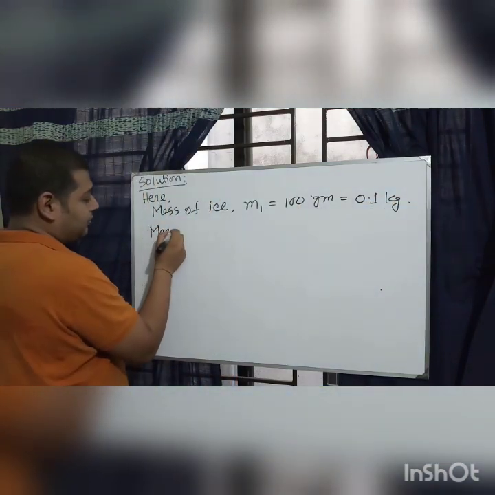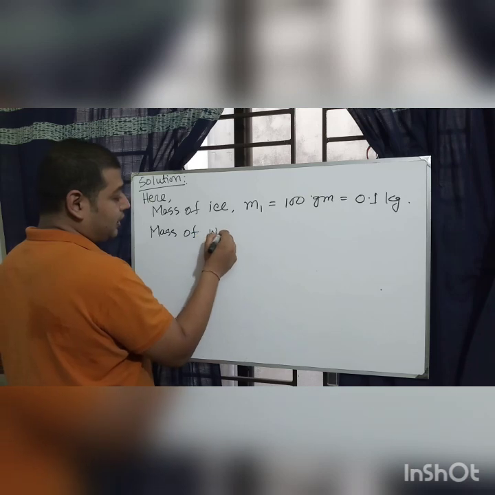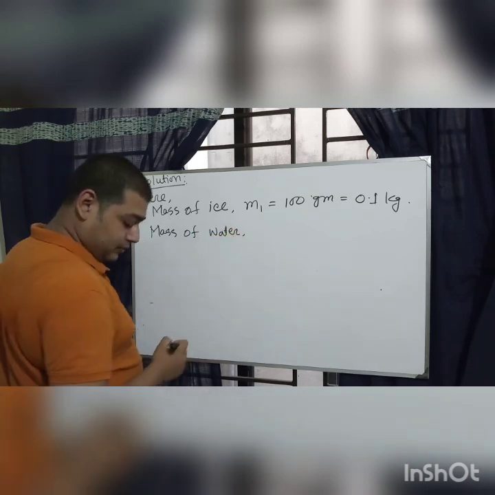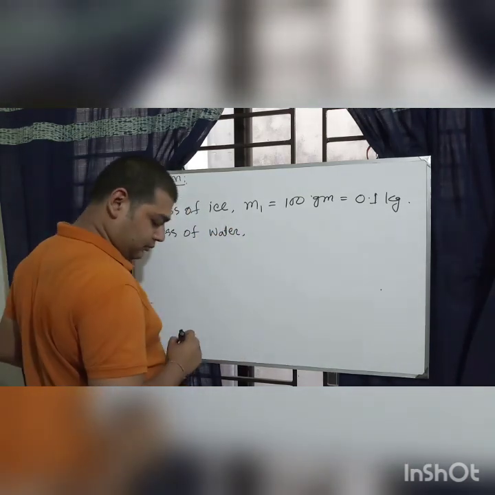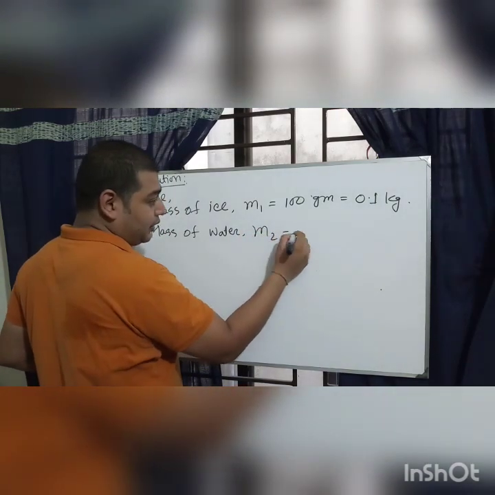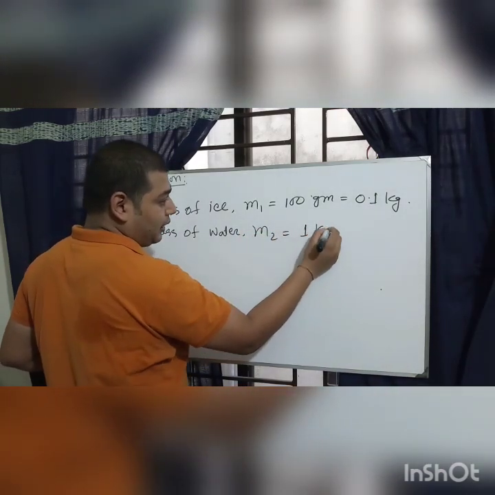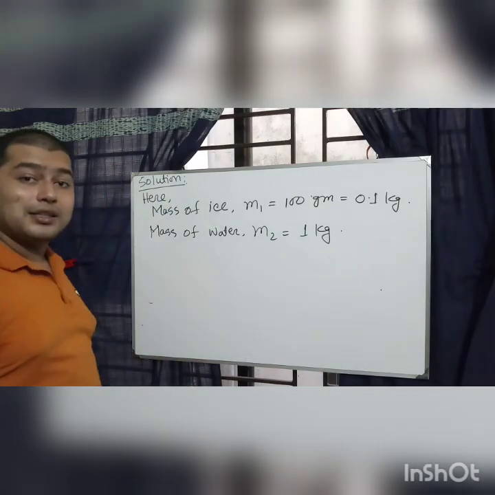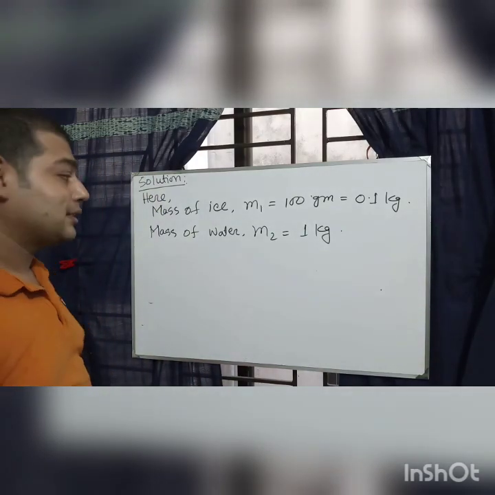Mass of water M2 equals 1 kg. Here 1 liter is equivalent to 1 kg. Okay.